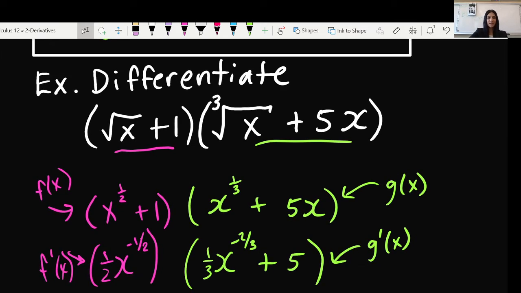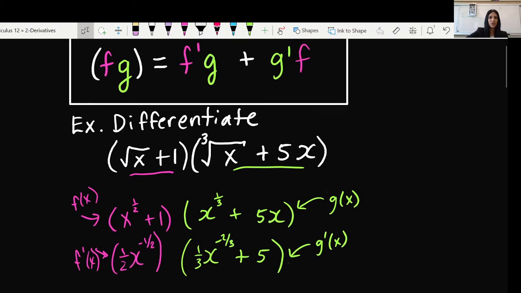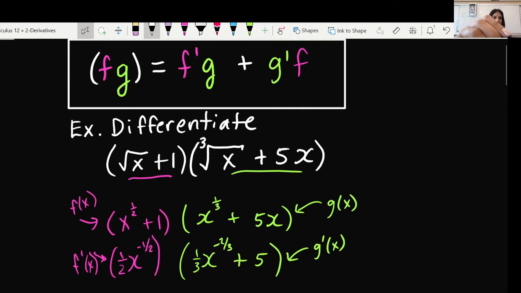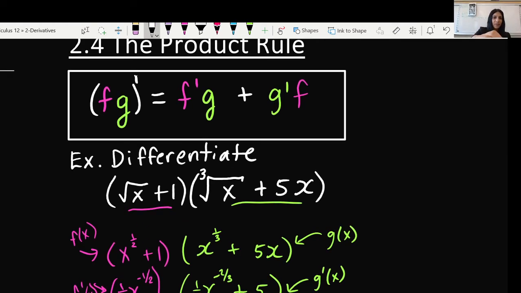Now that we've separated them and set up the groundwork, we are going to take this and apply that formula to it. I'm going to shrink it down so we can see everything and make sense of how to work our way through this. What we would end up getting when we're finding the derivative is, sorry, this is missing an f g prime here.